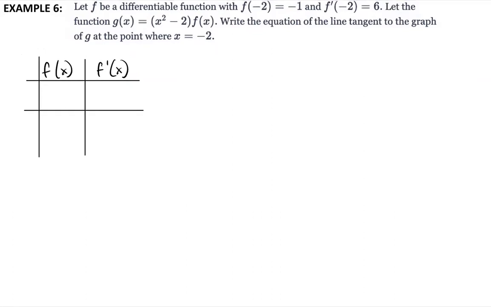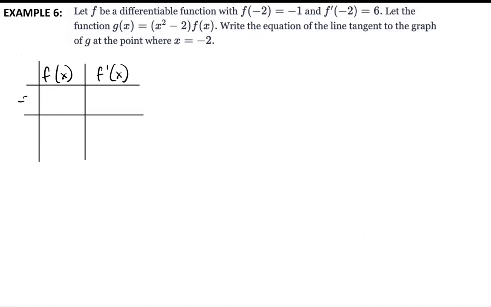And then they say for -2, right? They say -2. So f of -2 is -1. F prime of -2 is positive 6. That's all they give us. It's important to have the information, because sometimes if you just leave it up there, you see it, but you don't know it exists. You don't know to use it. Well, if you make a table, then okay, now I can start to see what I need to do.